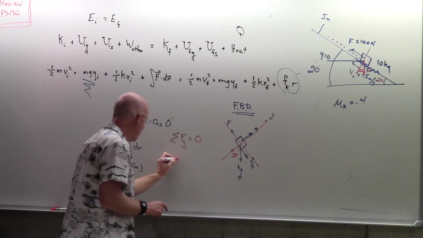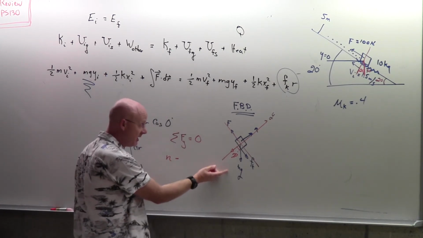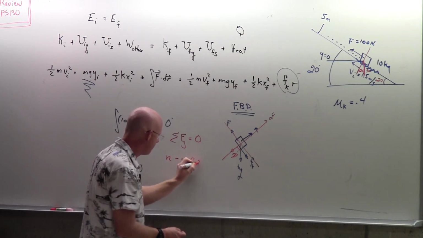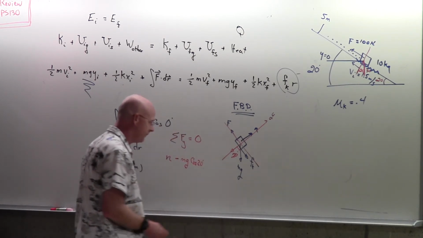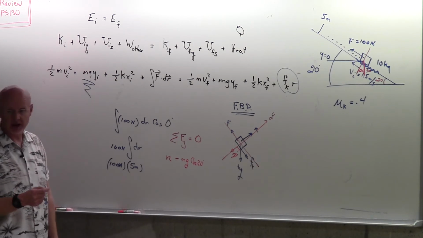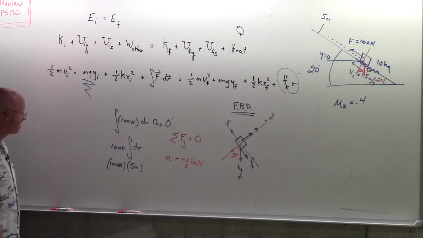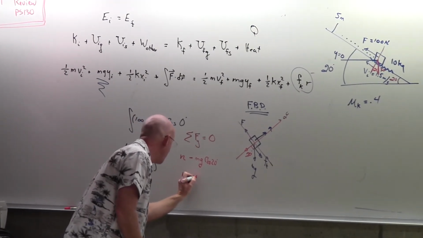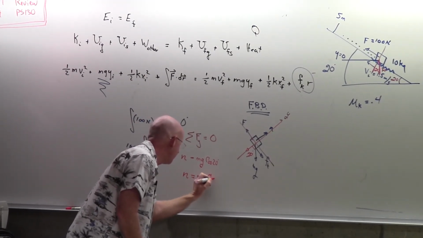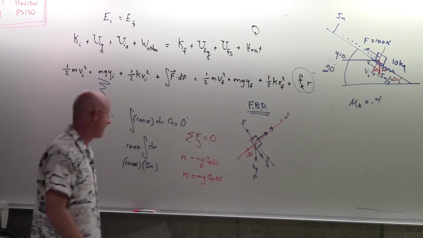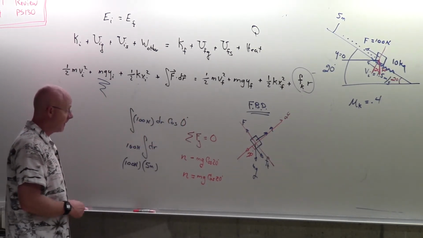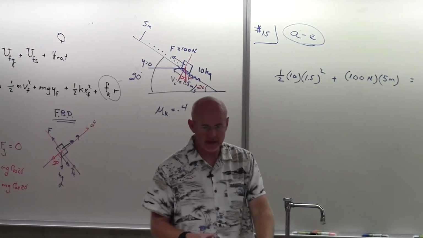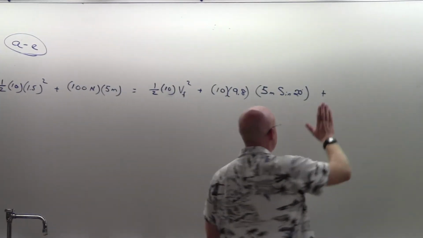So the amount of the gravitational force into the surface of the incline is mg cosine 20. Which again gives me what I need to know here. What is the normal force? And so now once I know the normal force together with the coefficient and the distance it moved, I can actually fill this in.